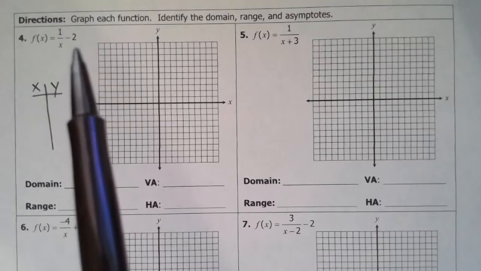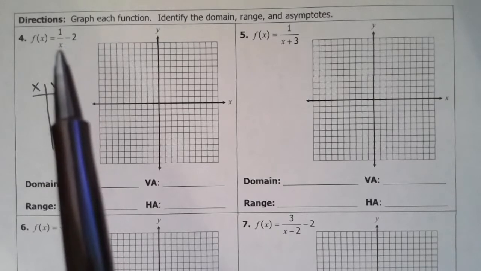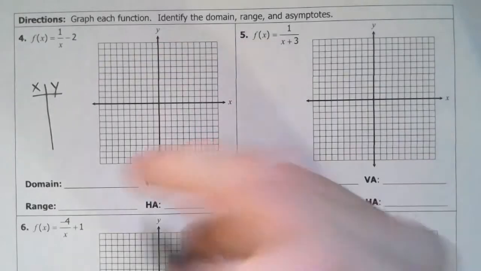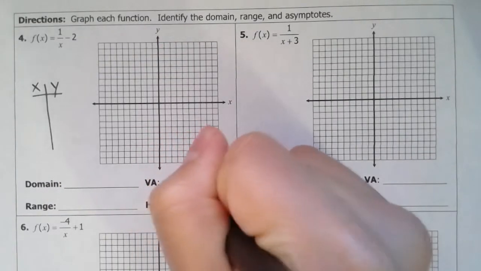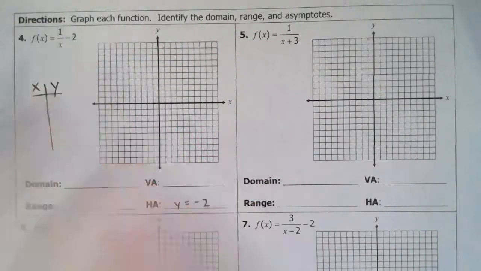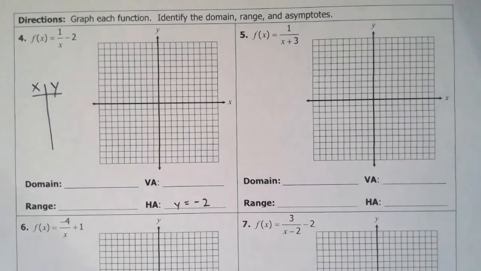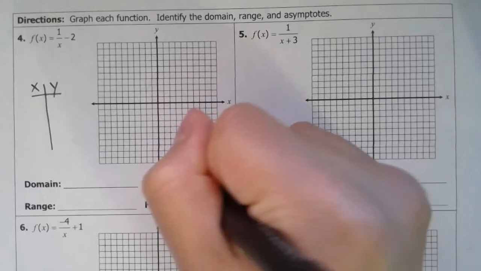The horizontal asymptote is at y equals negative 2, because it's minus 2 here. Okay, there's no horizontal shift, it's just 1 over x. So then the vertical asymptote stays put.